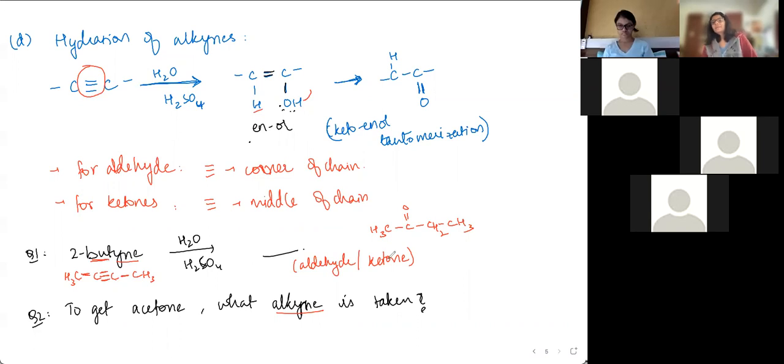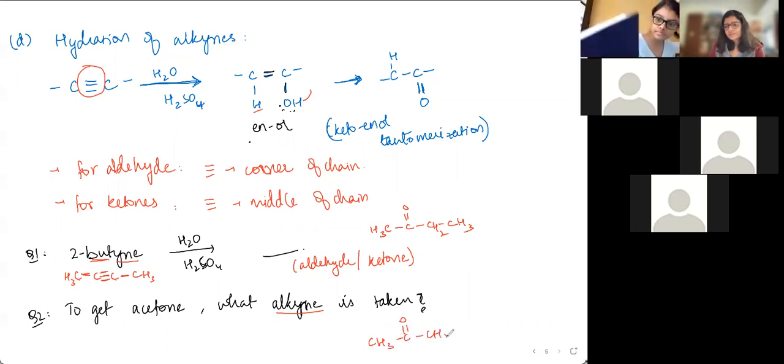Second one, now it's clear. To get acetone, we have our final product, which is CH3, C double bond O, CH3. This is acetone, propanone. So where will this come from? Just the reverse: take away the oxygen.